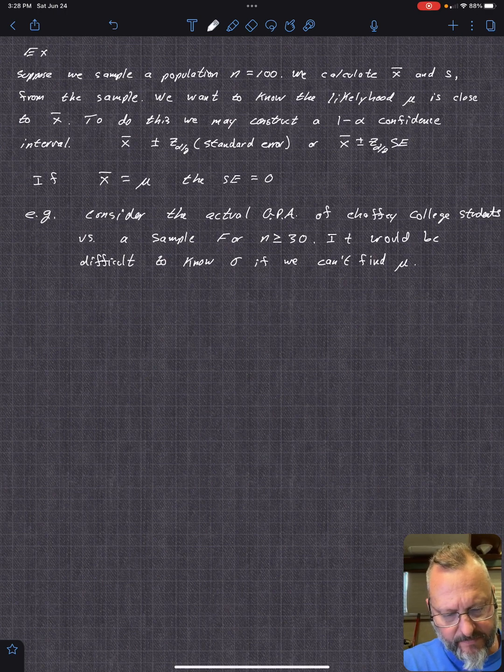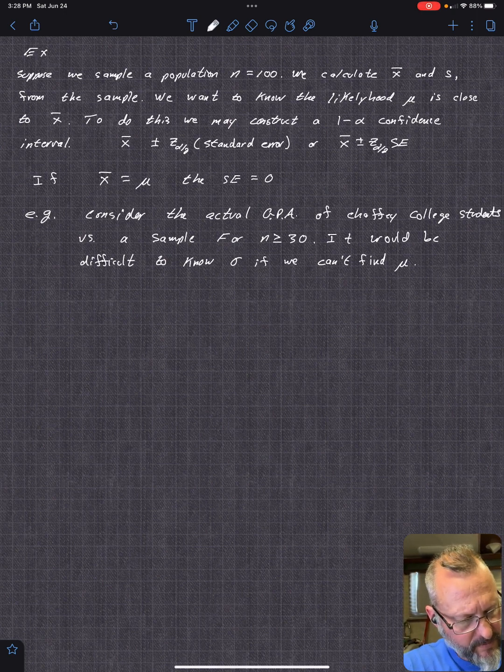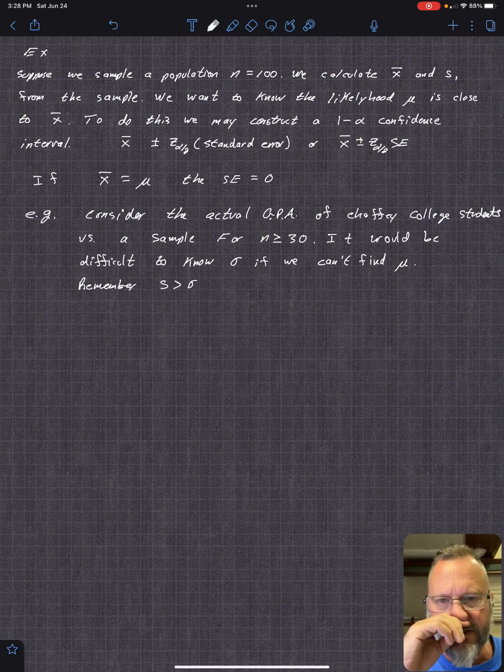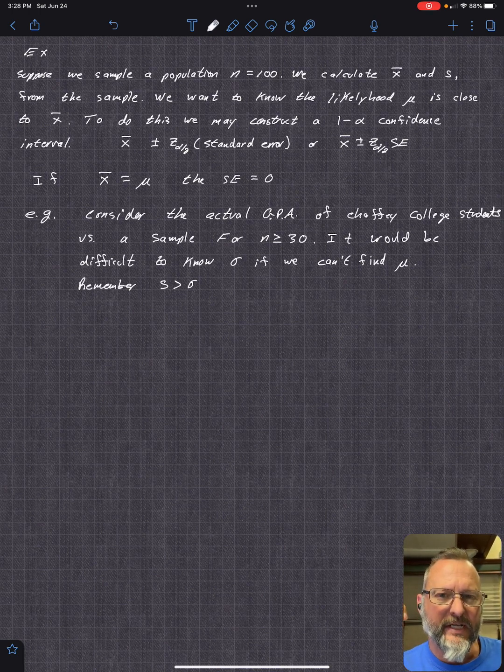All right, a couple things. So remember, S, the sample standard deviation, is always greater than sigma, the actual standard deviation, because you're dividing by one less degree of freedom. When you divide by a smaller number, the number's bigger. So it's n versus n minus 1. So it's always bigger.